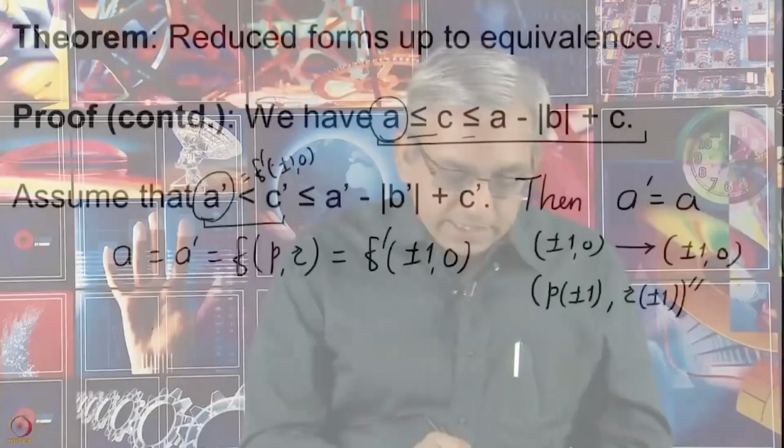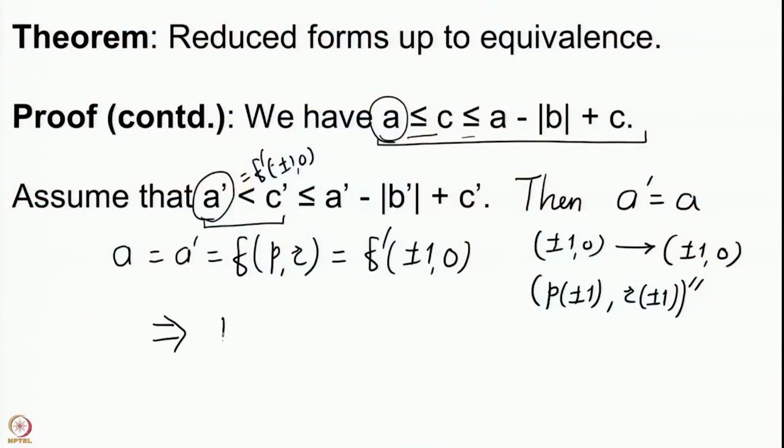So, f prime at plus minus 1 comma 0 has to be f of px plus qy comma rx plus sy, where x is plus minus 1 and y is 0. So, we get from this computation that p is plus minus 1 and r is 0.